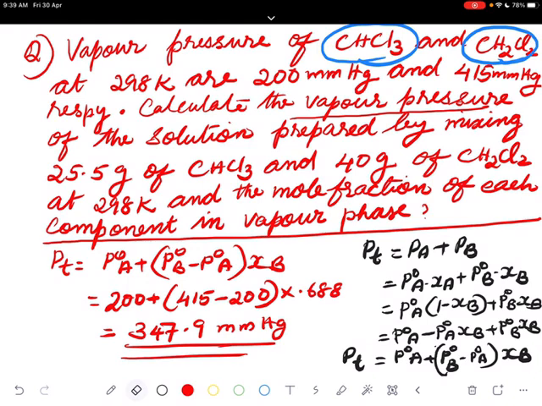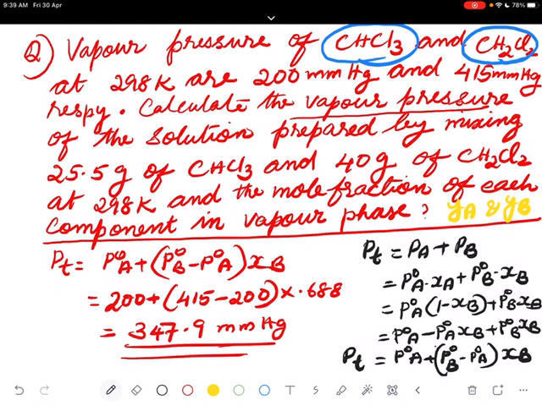Now what you have to find out? The mole fraction of each component in the vapor phase, that is Ya and Yb. One you calculate, the other you can take from 1 minus it. Suppose you are calculating Ya, then 1 minus Ya will give you Yb.